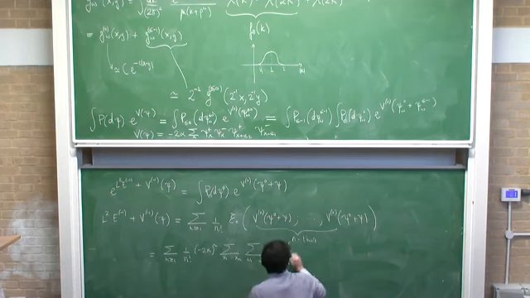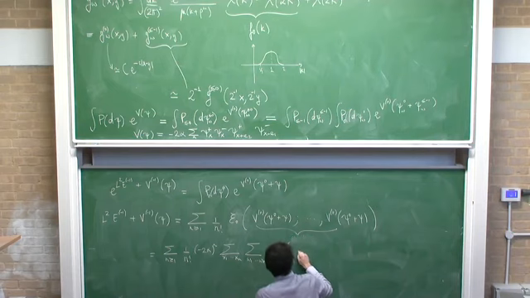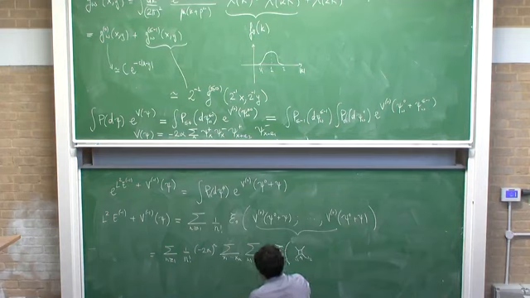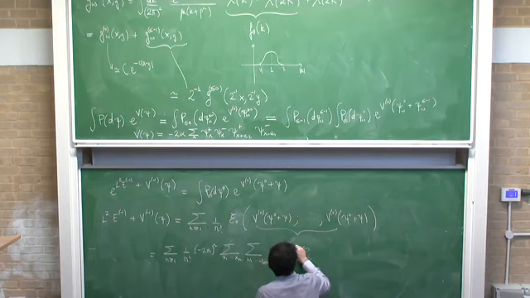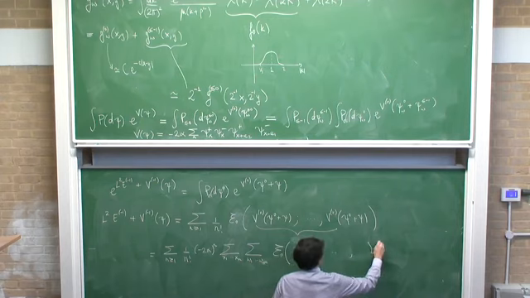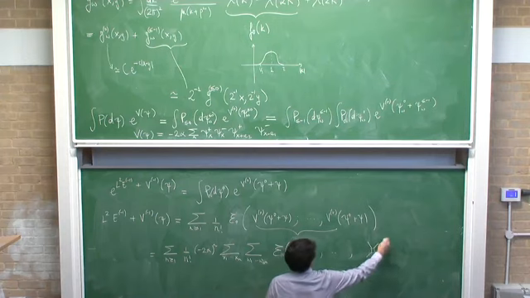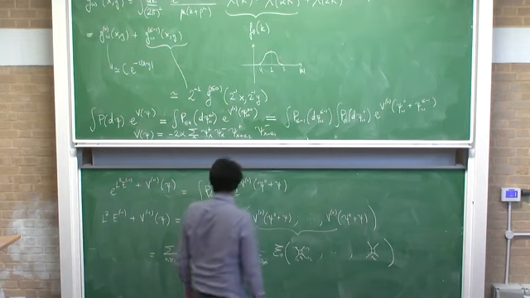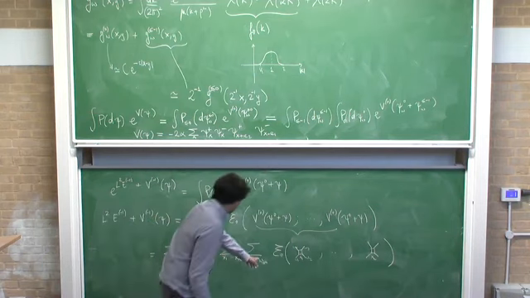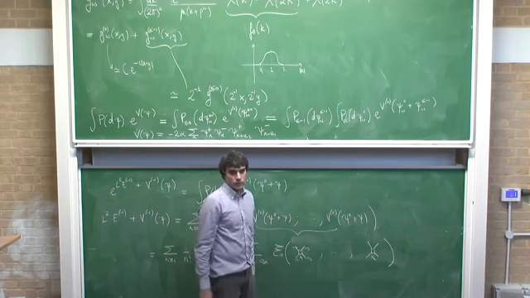Okay. Partially this is symbolic. This is very similar to what we had before, with the only difference that now there are some omega indices attached to the legs.